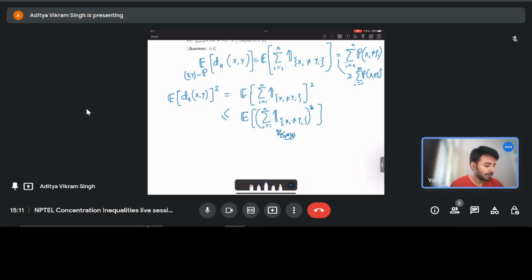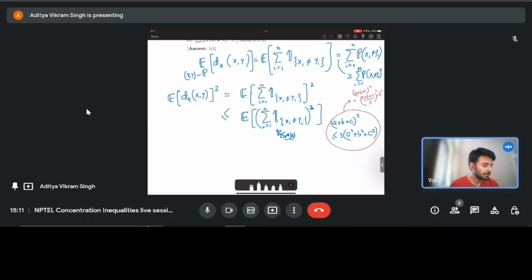We know this result: if a, b, and c are three positive numbers, then (a + b + c) squared is less than or equal to three times (a squared + b squared + c squared). This is also basically Jensen's inequality, because how do we see this? You can write (a + b + c) squared as ((a + b + c)/3) squared times 3 squared.